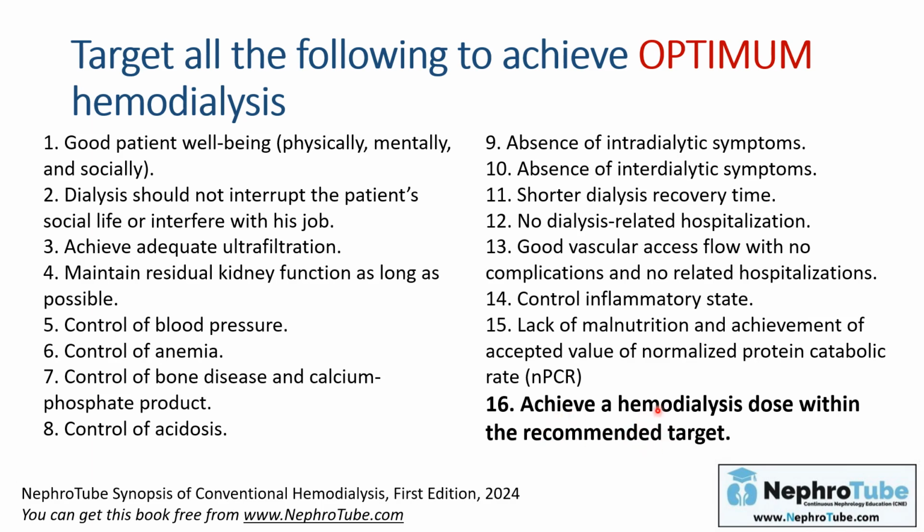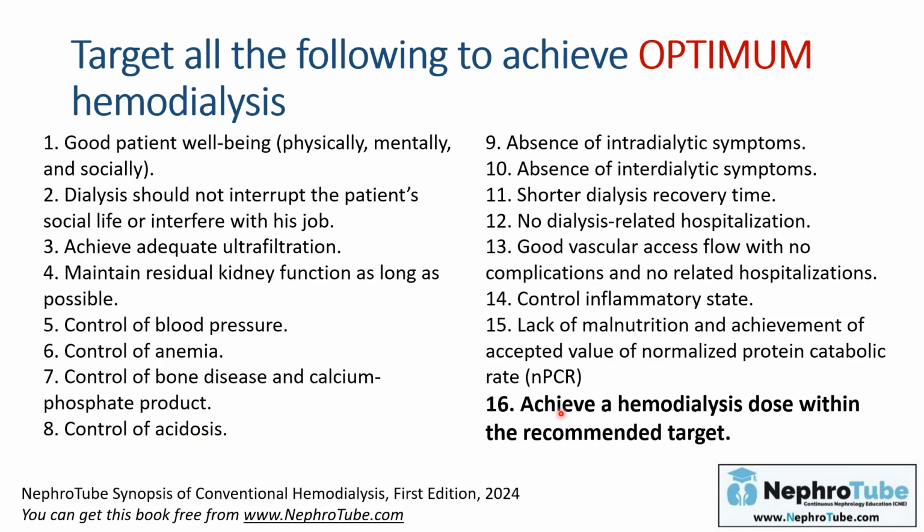So having an adequate hemodialysis is part of having an optimum hemodialysis. Achieving a good hemodialysis dose alone is not sufficient for good health for our patient. Achieving a hemodialysis dose is one point of the 16 points to get an optimum hemodialysis, and this is an important point that I want to highlight.